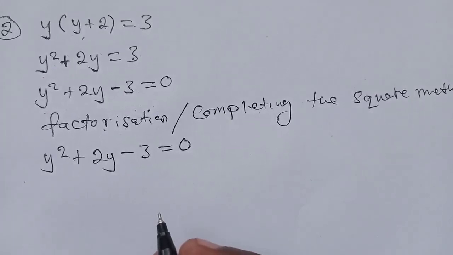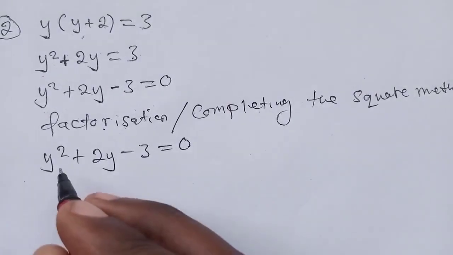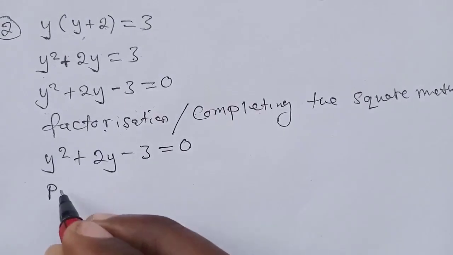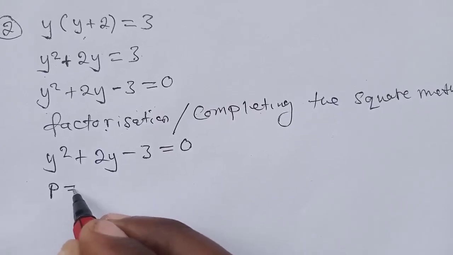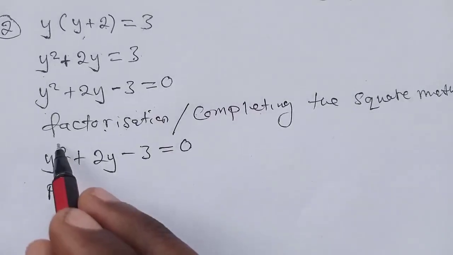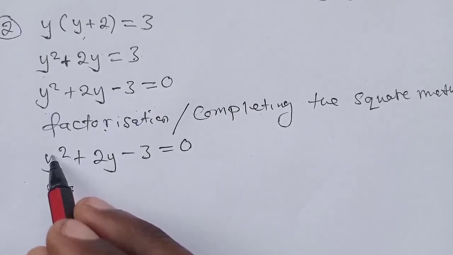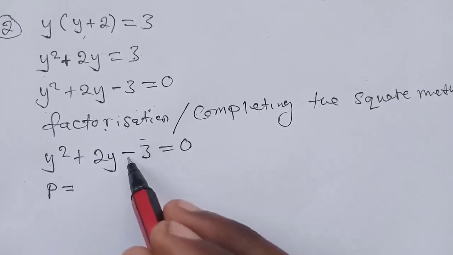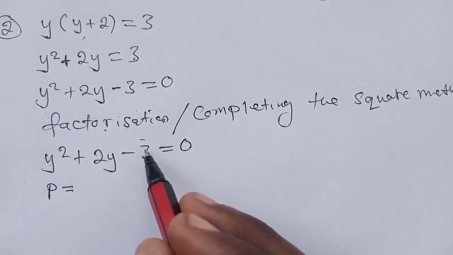Okay, so the first thing that you're supposed to do is to find the product. And the product, we actually multiply the first one times the last one.